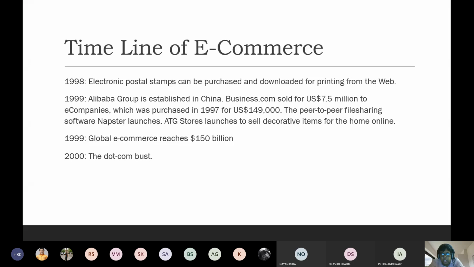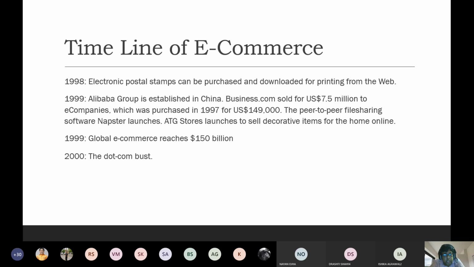Now you all must be aware of the 2000 dot-com burst. In 2000, there was a major surge of companies that wanted to get into online business. Every company selling products at that time was investing a huge amount in setting up online systems and trying to sell their products online.